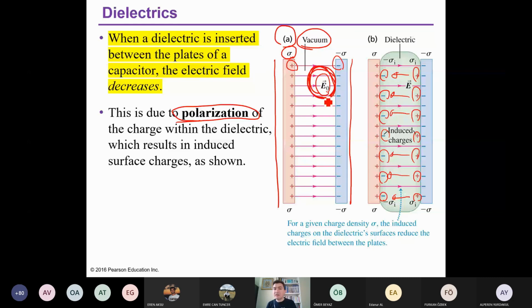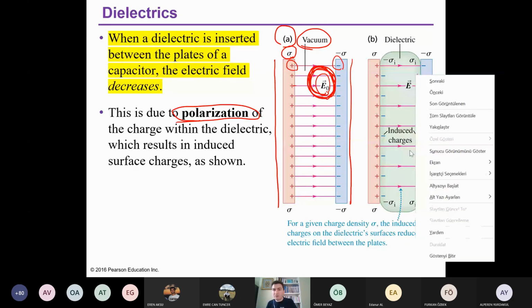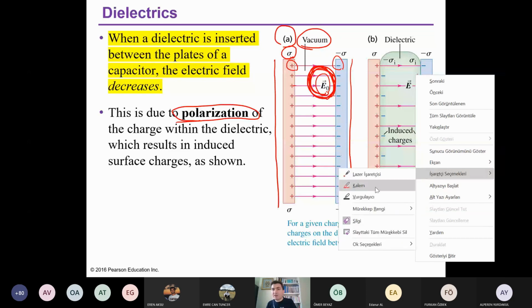Then, in total, E0 is from left to right, and the induced electric field is from right to left. Finally, the resultant electric field within this capacitor will be E, again from left to right. But what about the magnitude of this electric field?